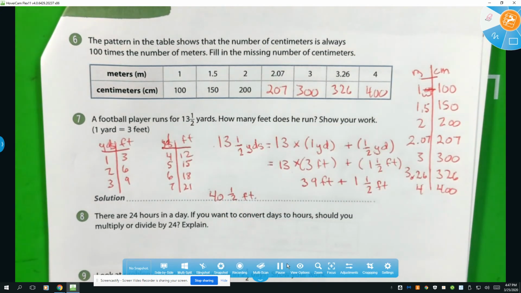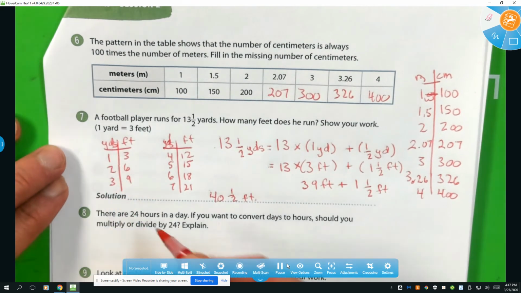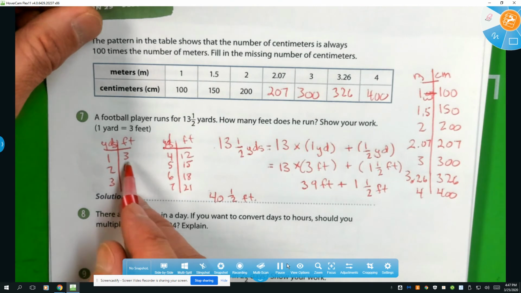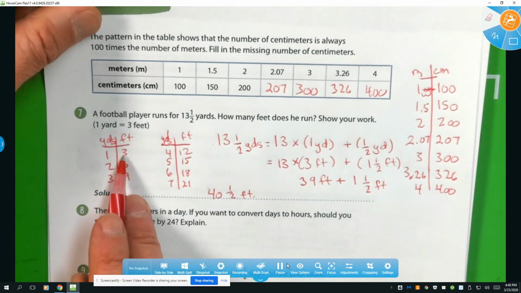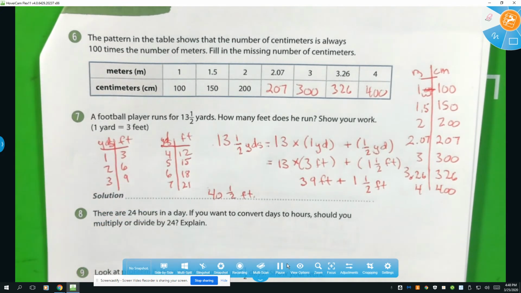All right. Remember, if you have a question, go back. You might have a question with this original half yard. Okay, so that might be where you had a little bit of confusion, but just remember, half of 3 is 1.5. So if I do a half of a yard, half of 3 is 1.5.